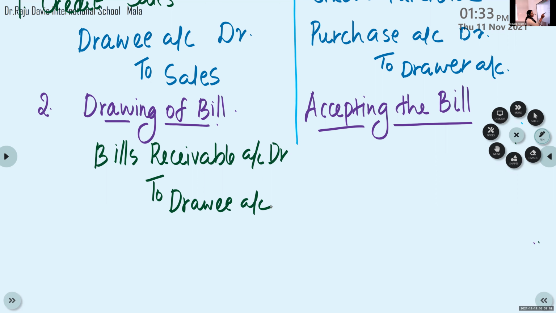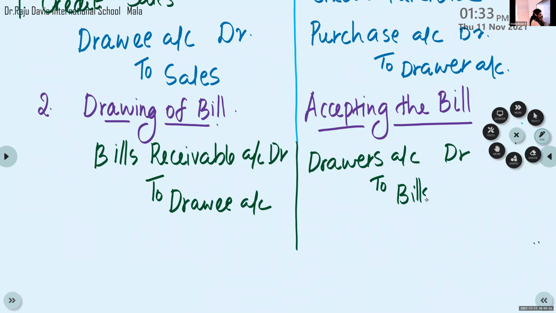And accepting the bill in the books of drawee, it becomes, Krishna, drawer account debit to bills payable. Yes.